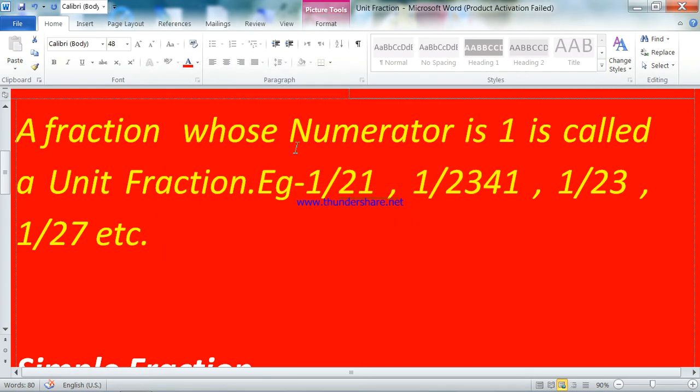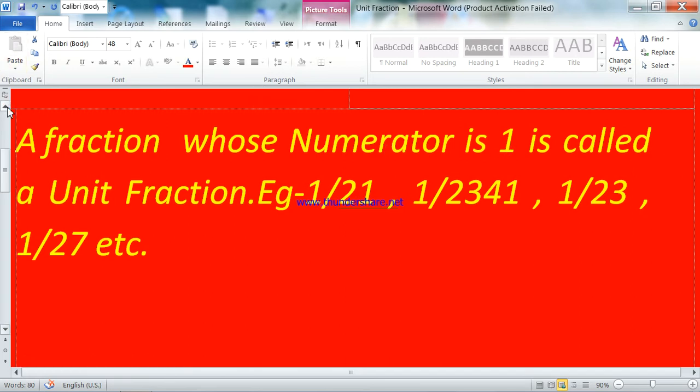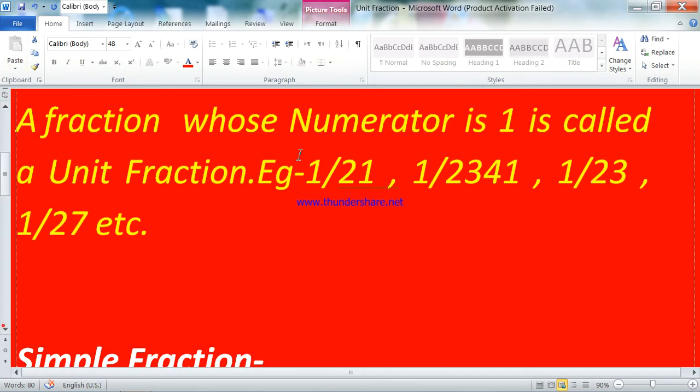As the name suggests, unit fraction is about the numerator. You just have to learn the numerator and the rest you will understand.